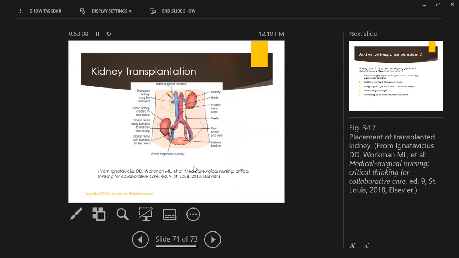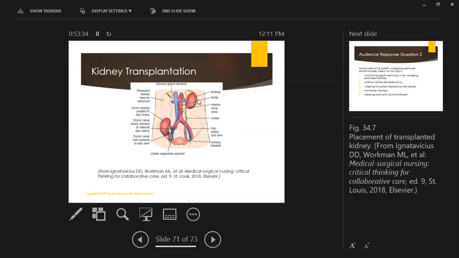It's not going to be attached to the retroperitoneal space either. And therefore it's not going to be able to suspend like the other one previously did. So that donor kidney is cradled down lower. It's sutured in. The renal artery is sutured into the internal iliac artery. The donor renal vein is sutured into the iliac vein. Urinary segments will be sutured in order to connect the kidney to the bladder.